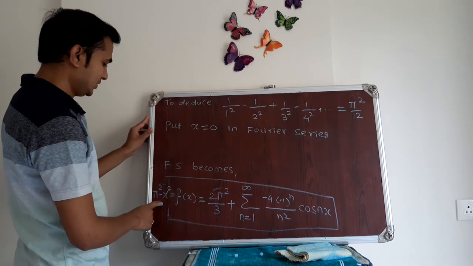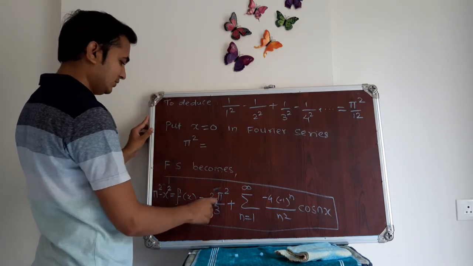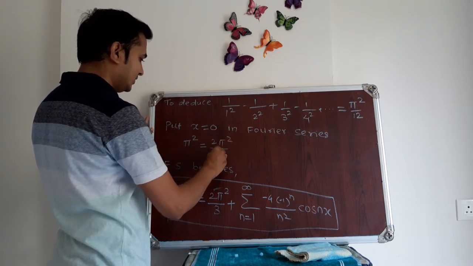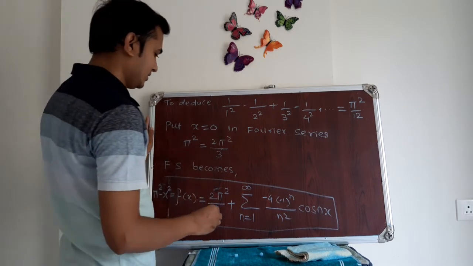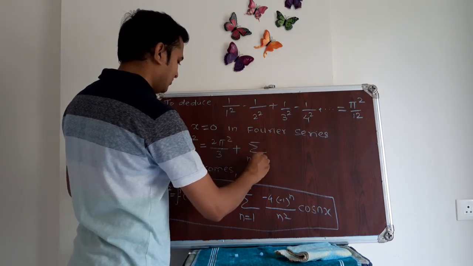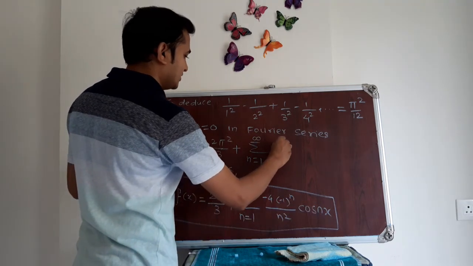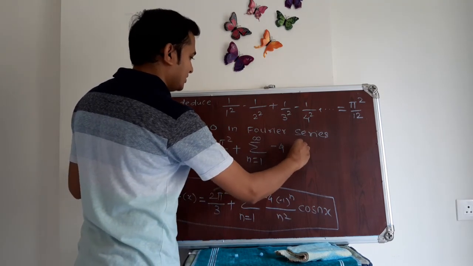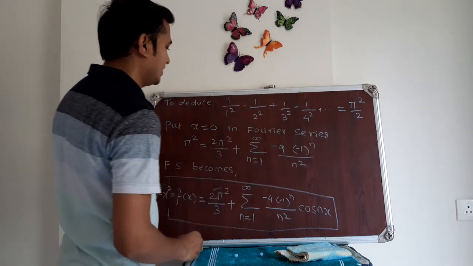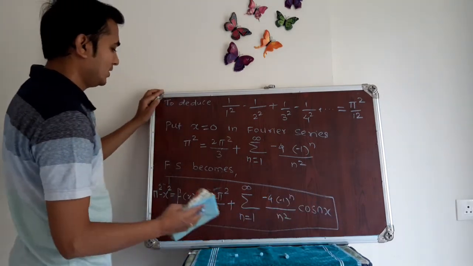So x is equal to 0, this side becomes pi square. So pi square equal to 2 pi square upon 3, okay, plus summation n running from 1 to infinity. Cos 0 is 1, so minus 4 minus 1 raised to n upon n square. Okay, fine.